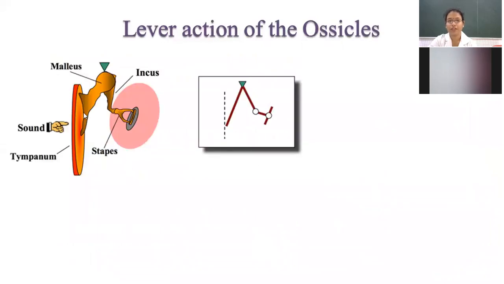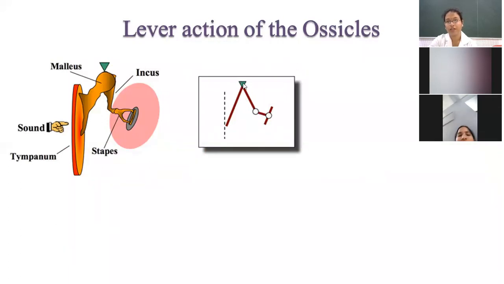In the middle ear, there is a peculiar arrangement of the ossicles. The handle of the malleus is attached to the tympanic membrane. The incus is attached to the malleus, and the stapes is articulated with the incus. This is very typical. If you see the pivot joint, it is not in the center.